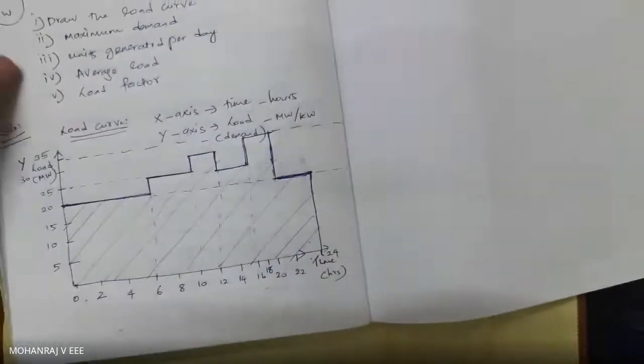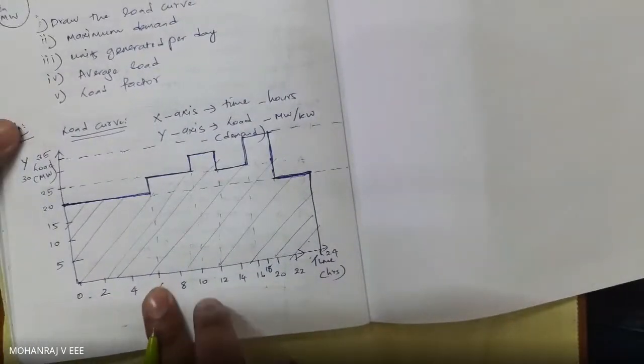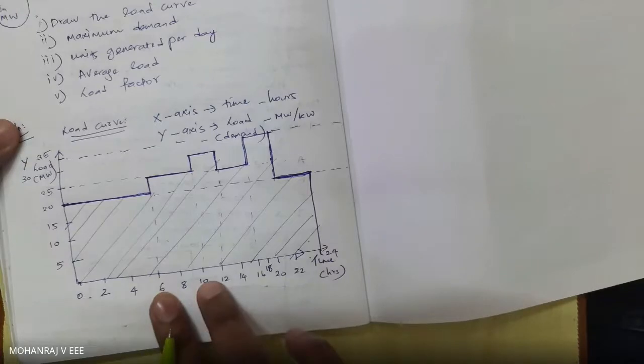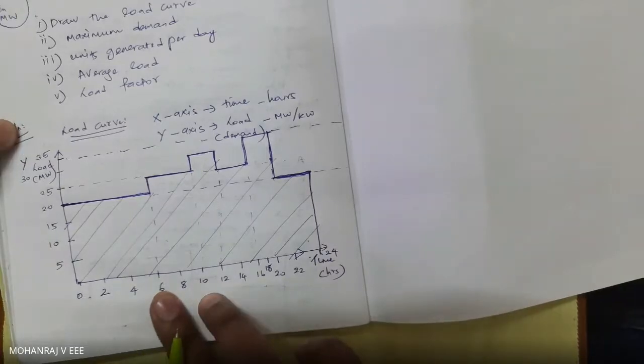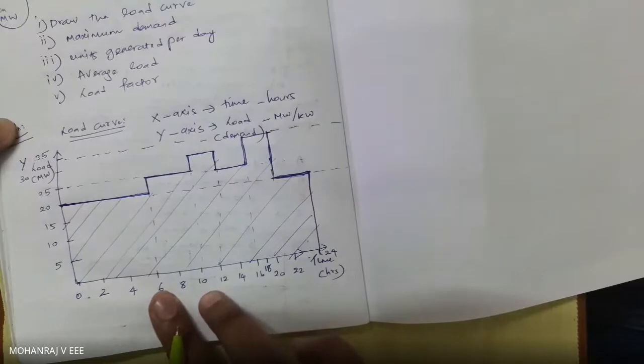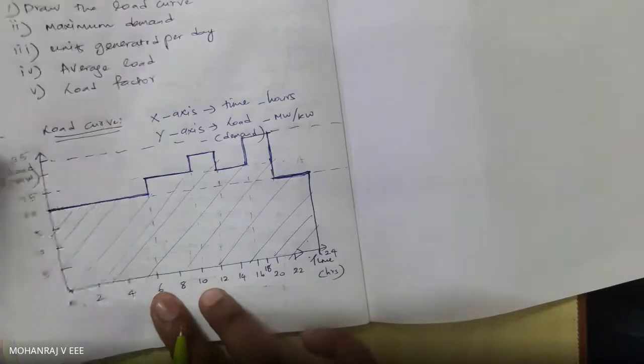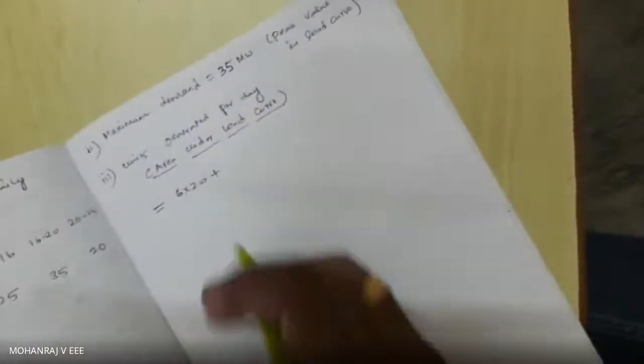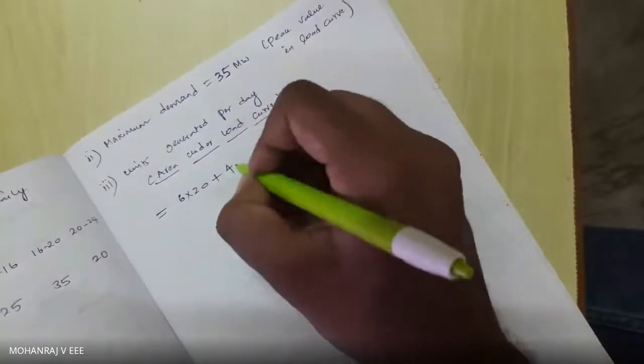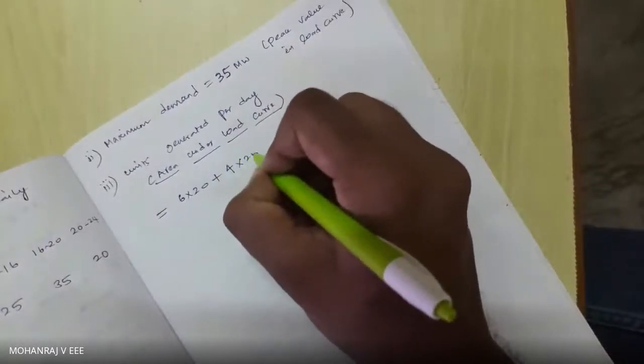Then from 6 to 10, I have the load as 25. So the length becomes 4, whereas the breadth is 25. So 4 into 25.